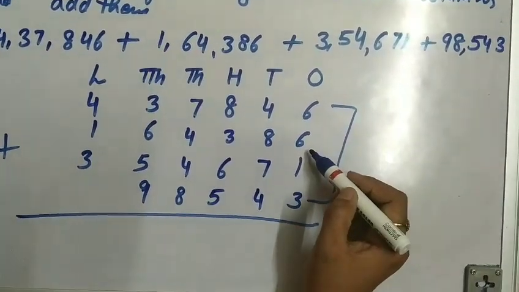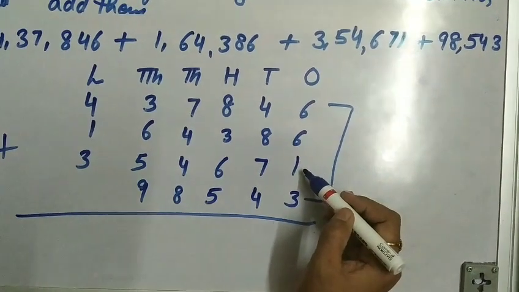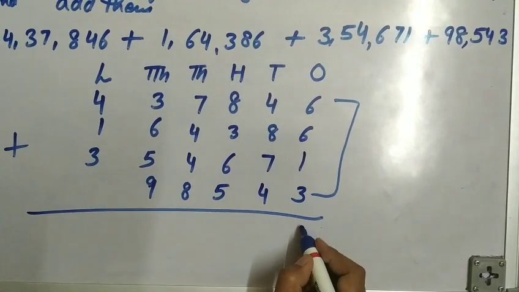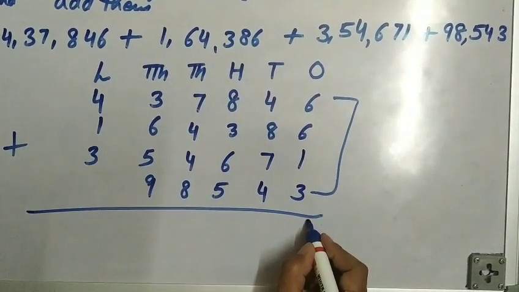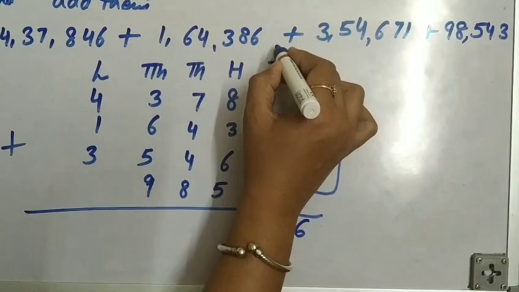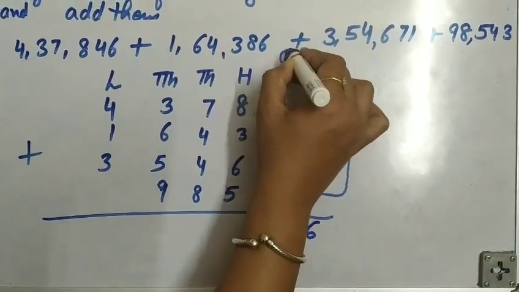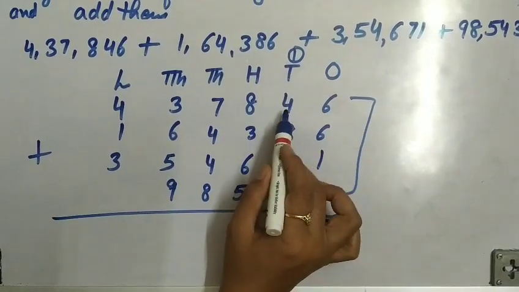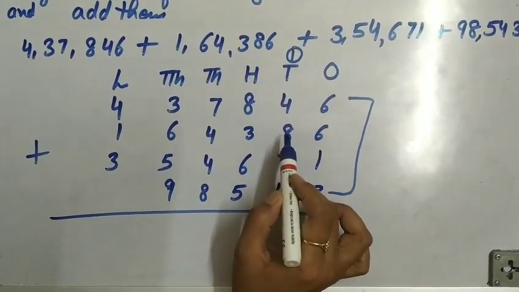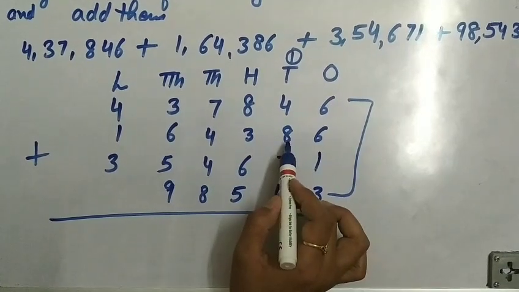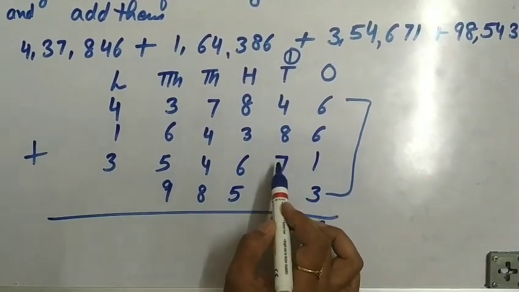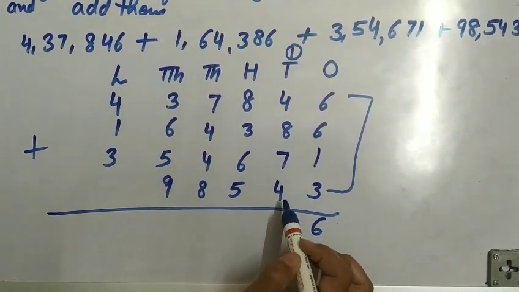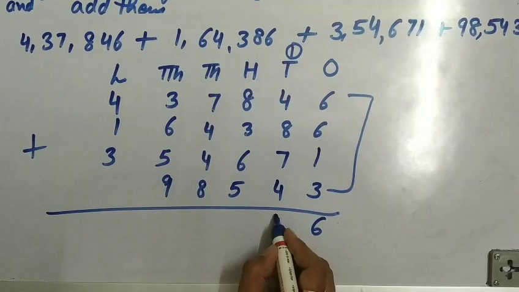Now 6 and 6, 12, 12 and 1, 13, 13 and 3, yes, 16. I will write here 6, and 1 will be carried to the tens place. Next is 1 and 4, 5, 5 and 8, 13, 13 and 7, 20, 20 and 4, 24.